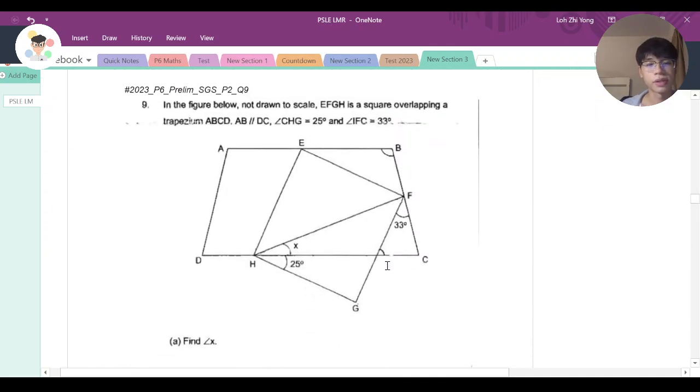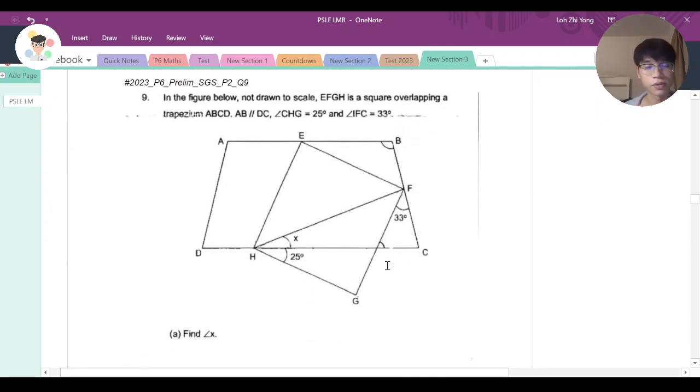Next question. Okay, let's move on to angles again. So this is from SGS paper 2, question number 9. So here says that in the figure below, not drawn to scale, EFGH is a square. Again, when it's a square, expect that all these lines will be the same. Here, all the sides will be 90 degree.